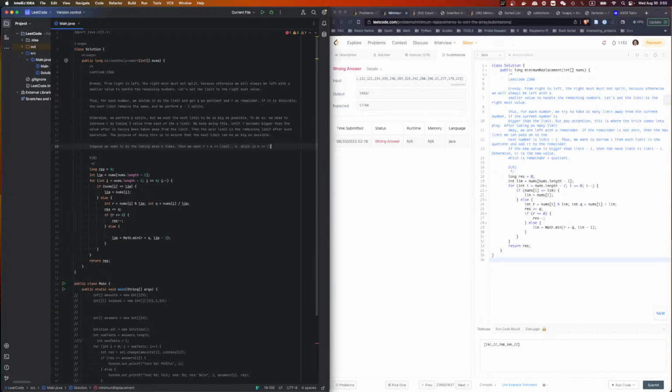which is k should be larger or equal to limit minus r divided by 2. So we have the k, we have this value.